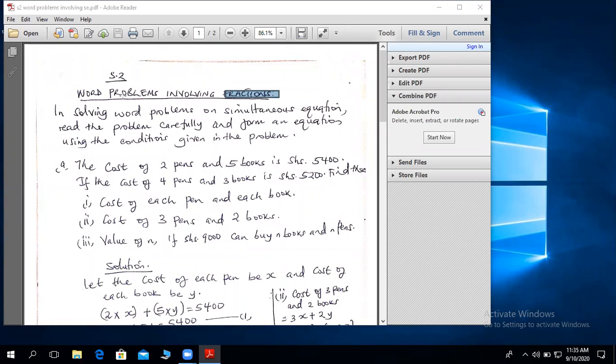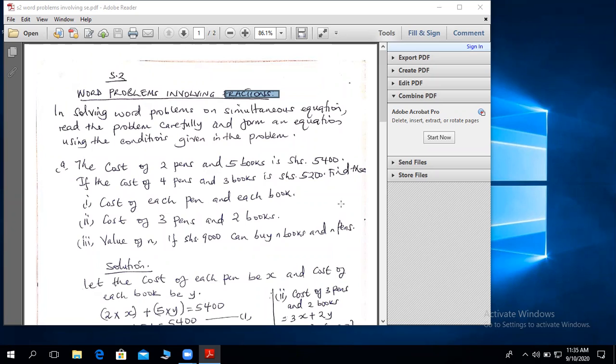So we have our first example, and we are saying in solving word problems on simultaneous equations, read the problem carefully and form an equation using the conditions that you are given in the problem or in the question.